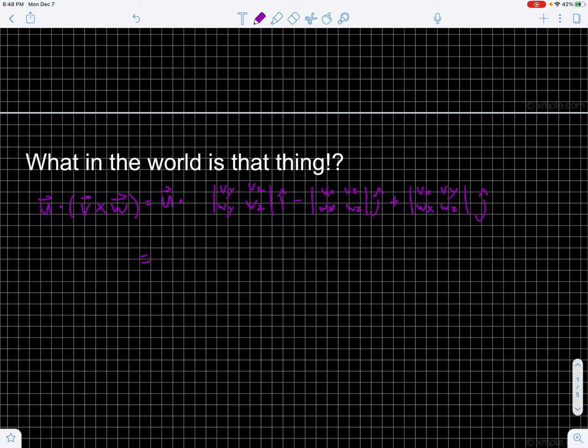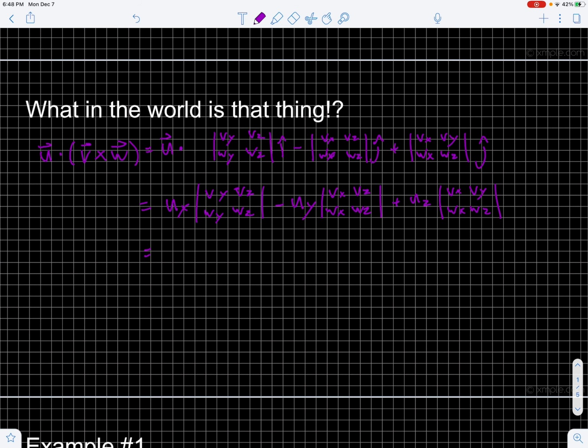All right, so that gives us ux times the determinant of vy vz, wy wz, minus uy times the determinant of vx vz, wx wz, plus uz times the determinant of vx vy, wx wy, which, when you think about it, is the exact same as the determinant of the matrix ux, uy, uz, vx, vy, vz, wx, wy, wz.